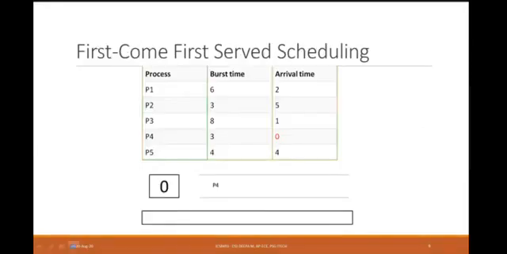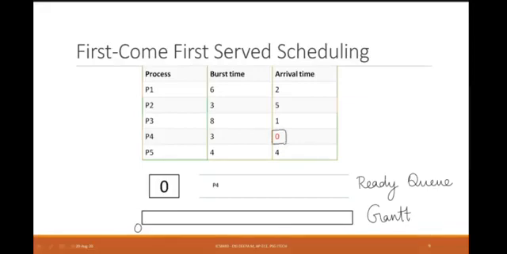First come, first serve. So at time 0, what is the process which will be coming into your ready queue? This is your ready queue, and this is your Gantt chart. The Gantt chart always starts with 0. Now we have arrival time 0.